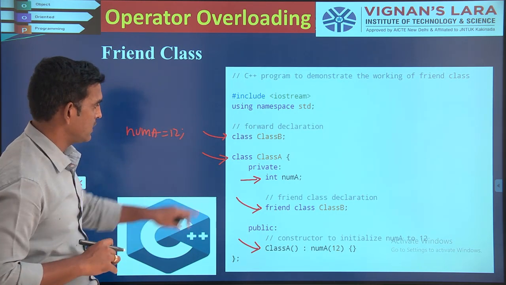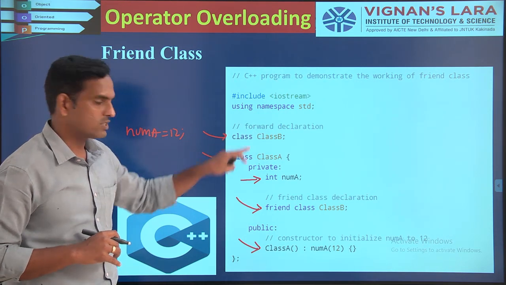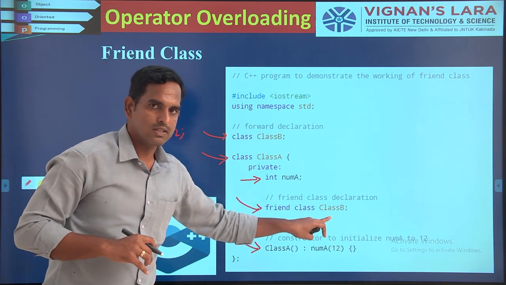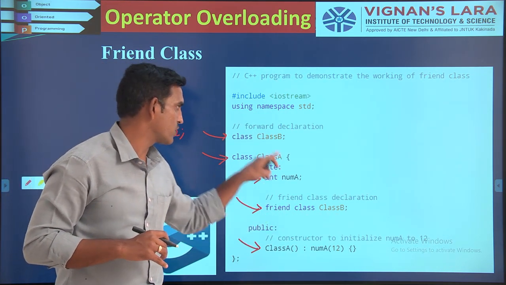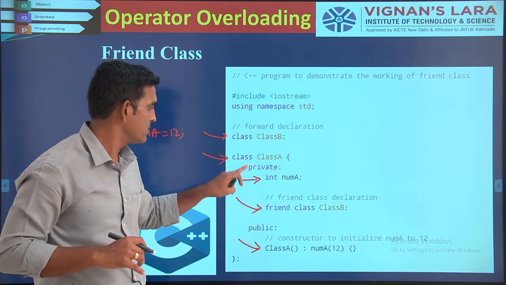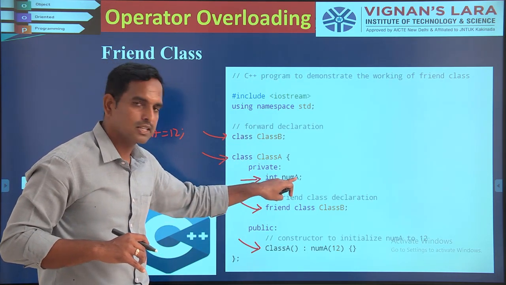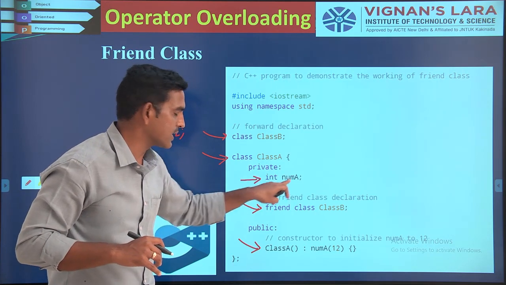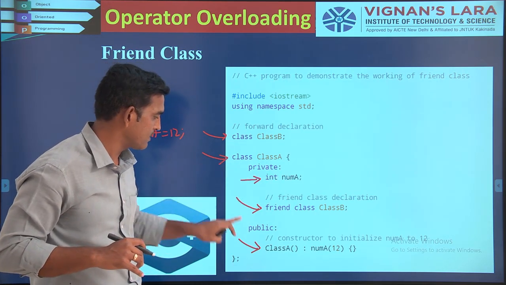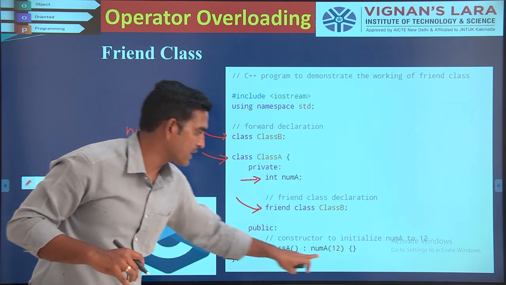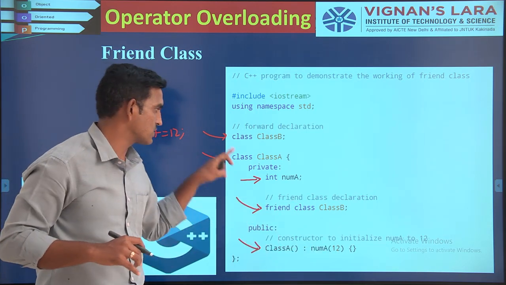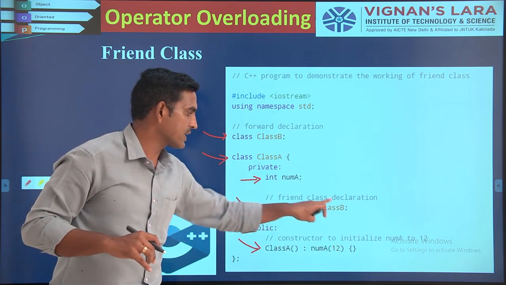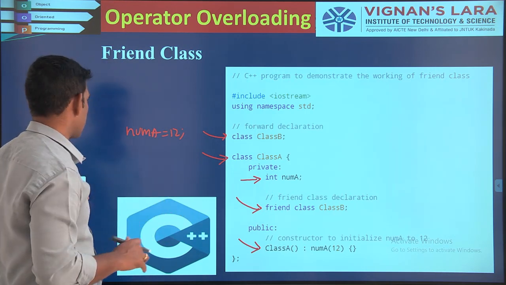Class B is forward declared since you are using class B here and you haven't defined it yet. Next I am declaring num A as a private variable for class A, and I am initializing num A to 12 by using the constructor of class A, and I am declaring class B as friend class in this particular class.